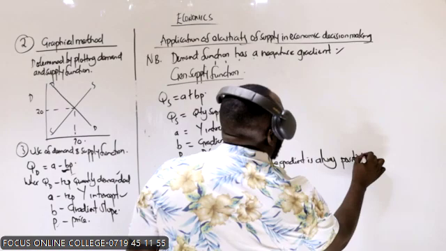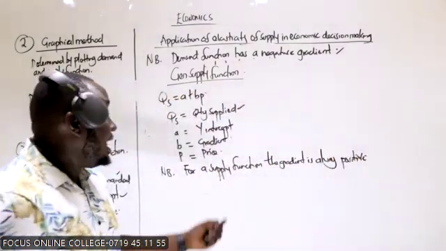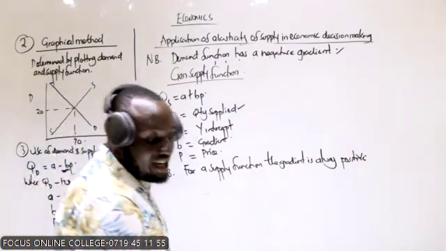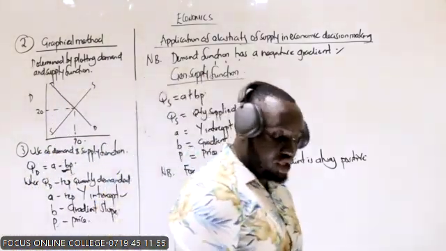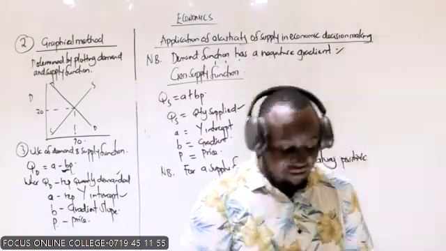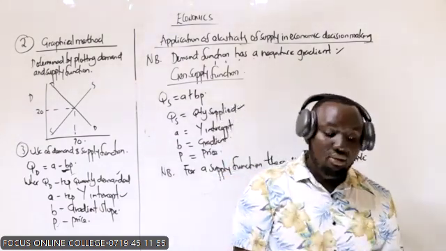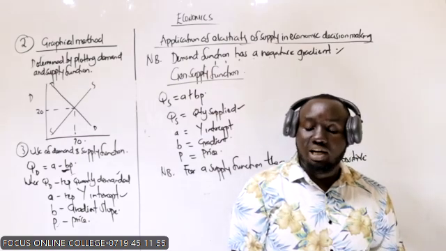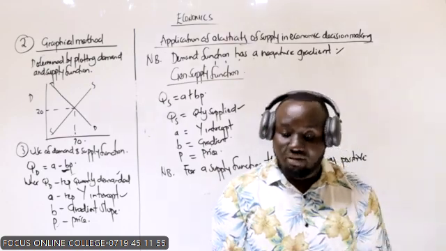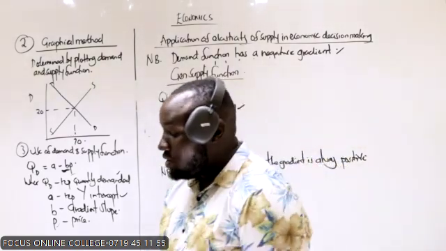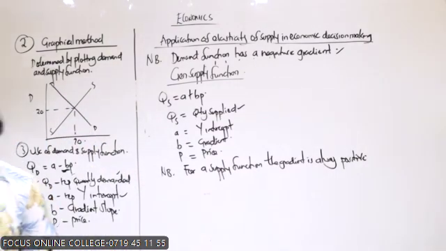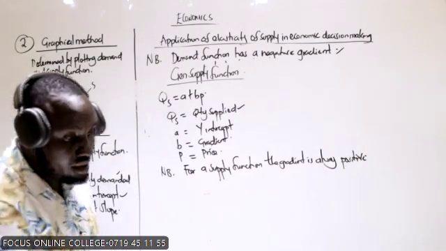So if you make Q the subject and the coefficient of P is positive, then that is a supply function.